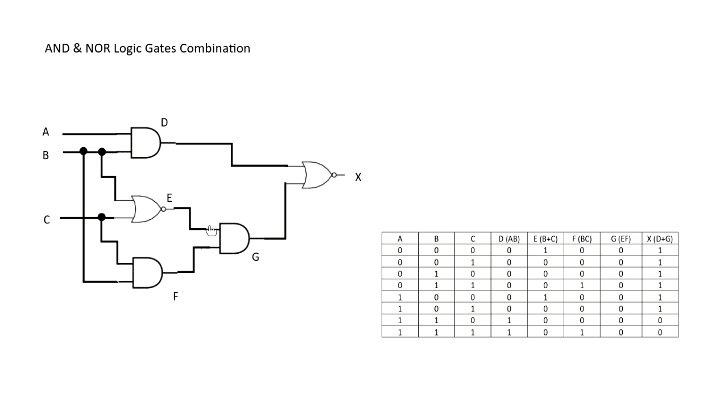So, 3 inputs. You can see there are a total of 8 different input combinations. First one, obviously you start with 0 0 0, all 3 zero. Then the last one, C, you make 1 while the others are 0. Then you make B 1 while the others are 0.